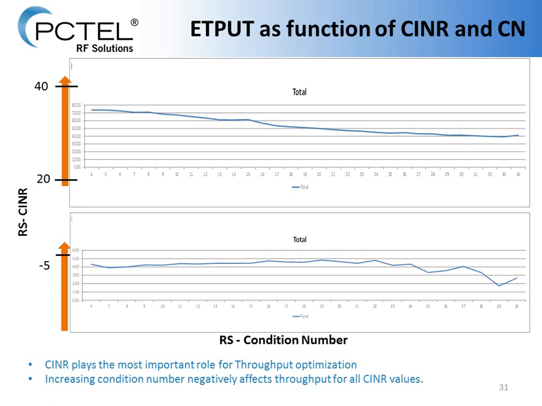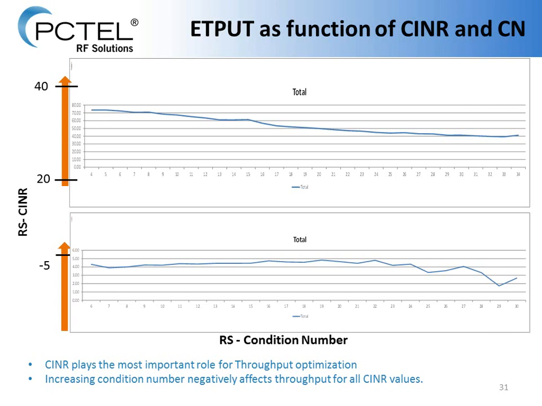But CINR would play a much higher role in MIMO throughput than what condition number does. And on the graph below, on the lower end, we looked at the CINR values of -5 and below. And like I said before, to have MIMO gain, you have to have good CINR.